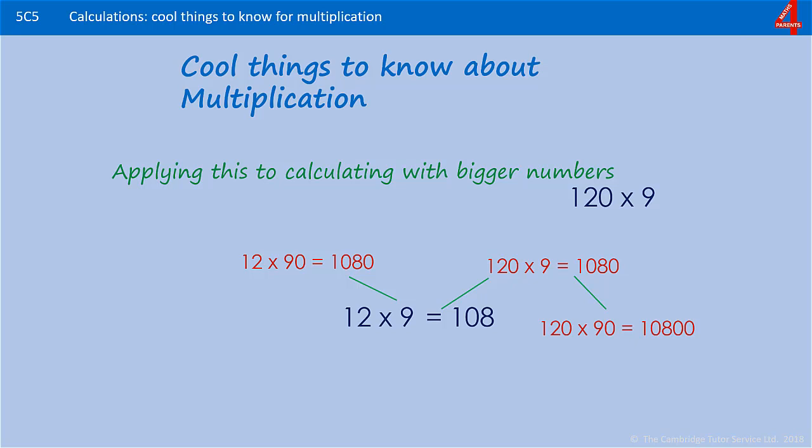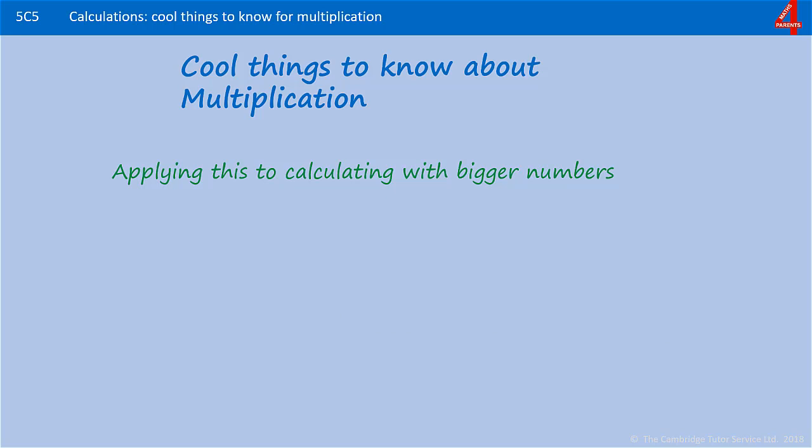So for example, you might be asked to multiply 120 by 90, and this time you can see that both sides have been multiplied by 10, and if both sides have been multiplied by 10, the whole thing has been multiplied by 100. So your answer would be 10,800.